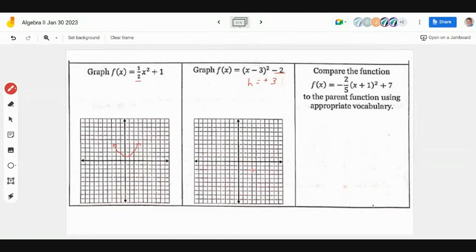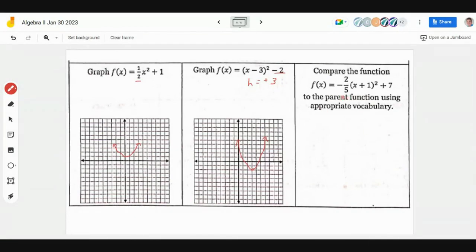So (3, 2) would be our... well, that's terrible. That doesn't look like a parabola at all. (3, negative 2), right there would be where the vertex of our parabola is, and it would not be stretched or shrinking.